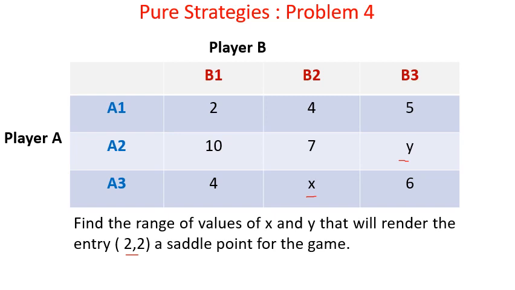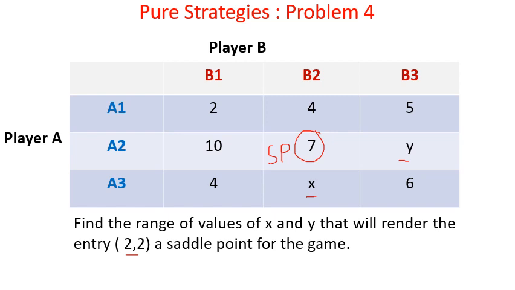Second row, second column. So this particular point, you want to make this as the saddle point now. So if I want this particular point as a saddle point, what should be the values of x and y? That is the question.